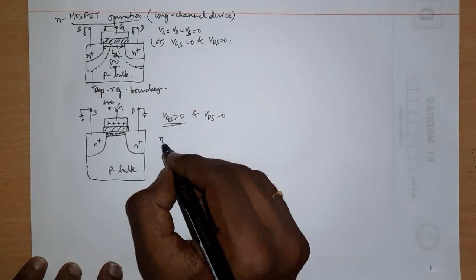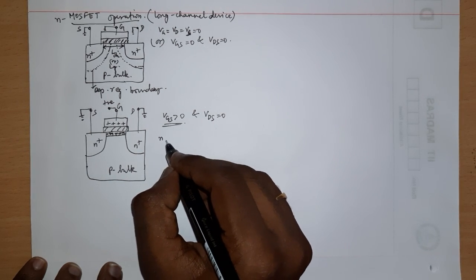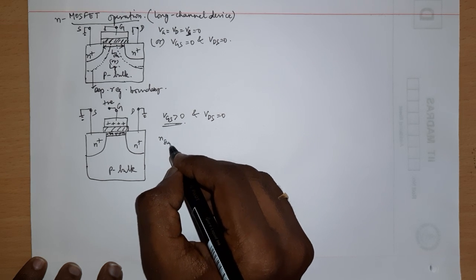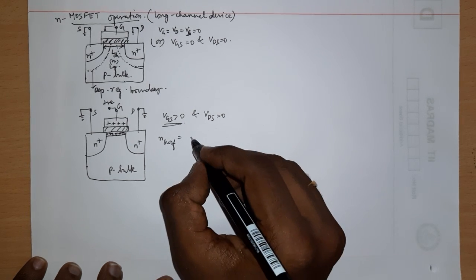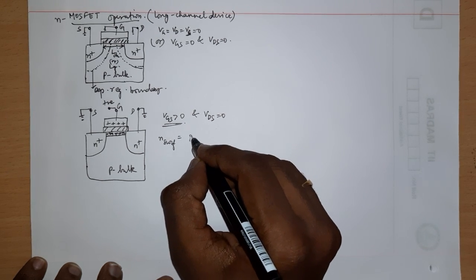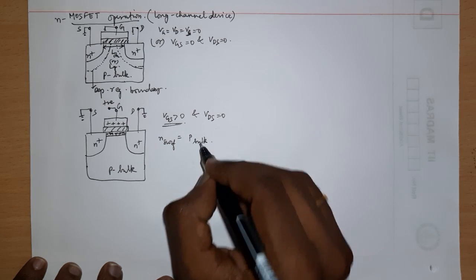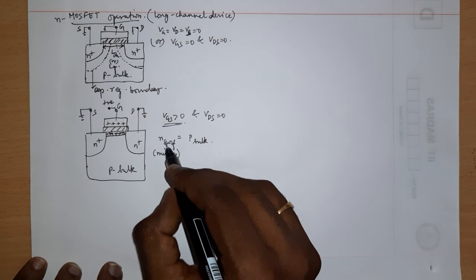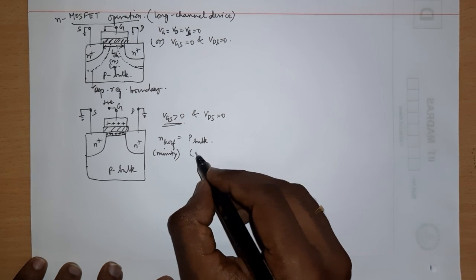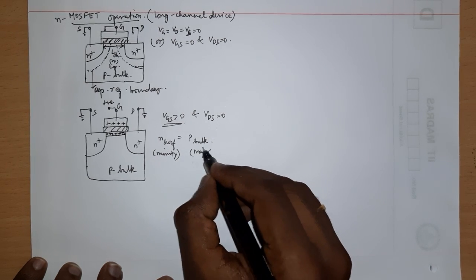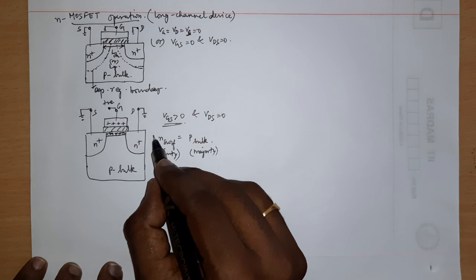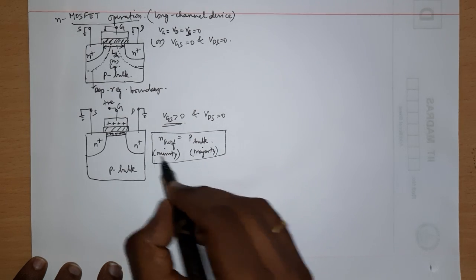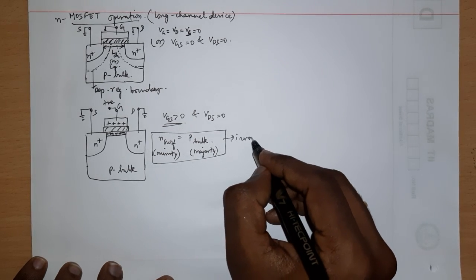So the concentration of electron at the surface, let me call it N surf, will be equal to the concentration of hole at the bulk. So minority concentration at the surface will be equal to the majority concentration at the bulk. Such a condition is called inversion.